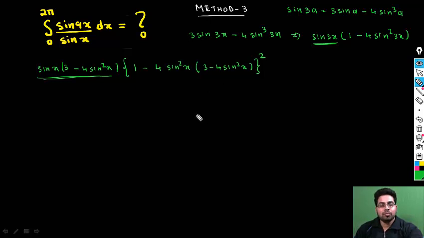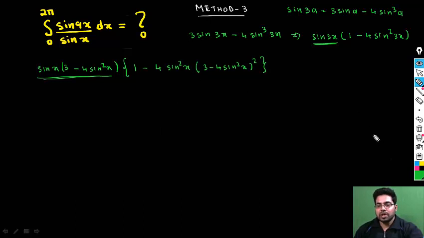Fine. Now this integration becomes 3 minus 4, actually the square is inside, not the whole square but this expression squared.